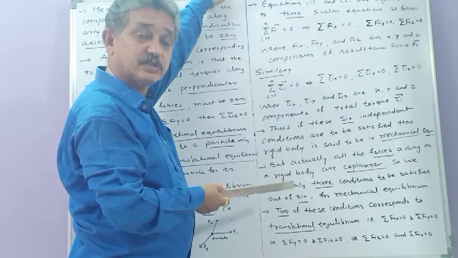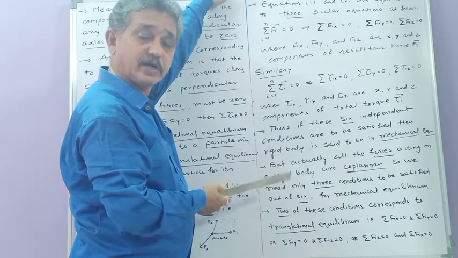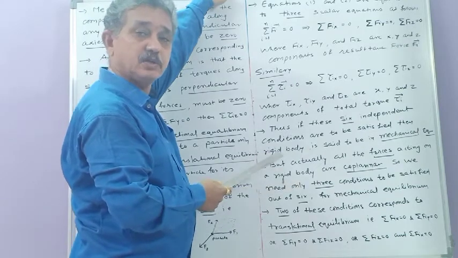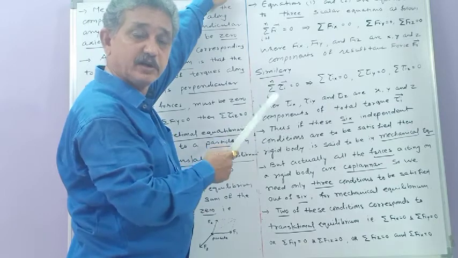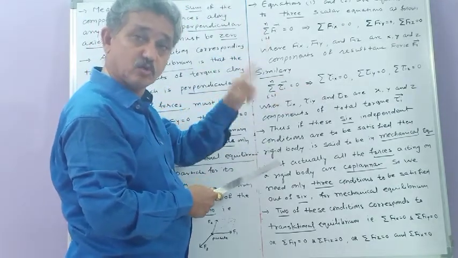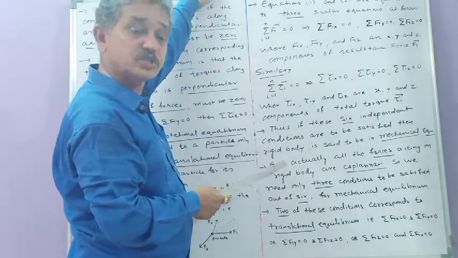Then again this resultant external torque can be written as the sum of three components, x component, y component, and z component. So again you can take each component of torque individually as 0. So equation 1 gives three equations, and equation 2 gives another three equations. Thus we get a total of 6 equations.